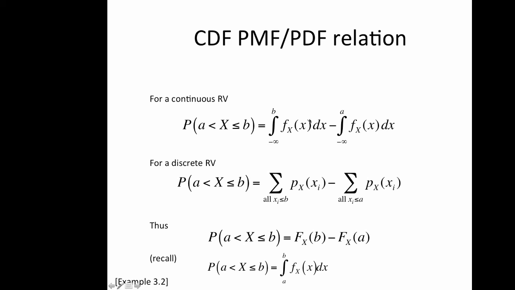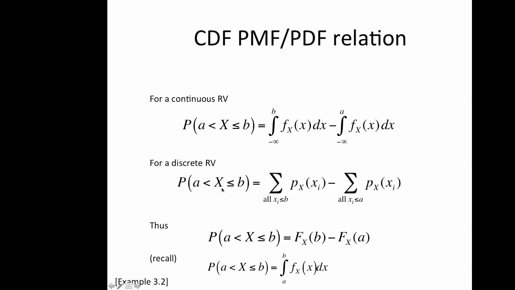That gives us the probability that our random variable x will take on this range. For a discrete random variable, remember we had the summations, so we can do the same thing.